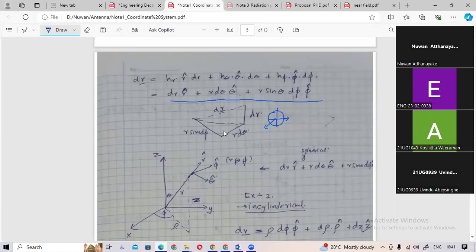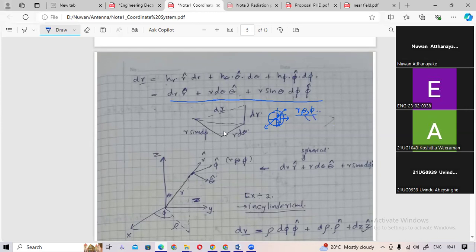This coordinate is r, this coordinate is phi, and this coordinate is theta. So in spherical coordinates we have r, theta, phi. If you want to do the surface integration, here the surface is the surface of this sphere, so your integration should be within theta and phi.